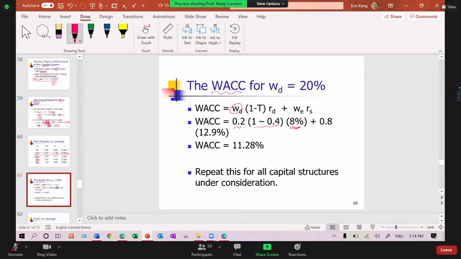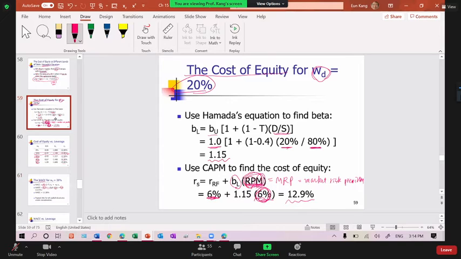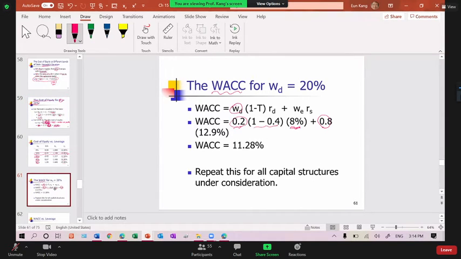RD 8%. Plus WD is 0.2, then WE is 1 minus 0.2, which is 0.8, times RS. RS is from here, 12.9%. Then WACC is 11.28%.